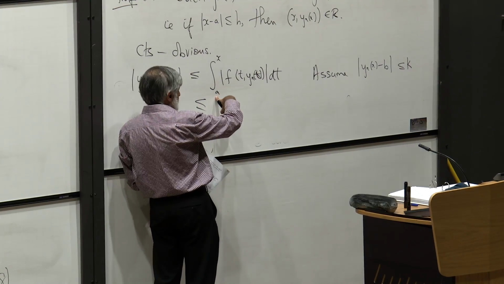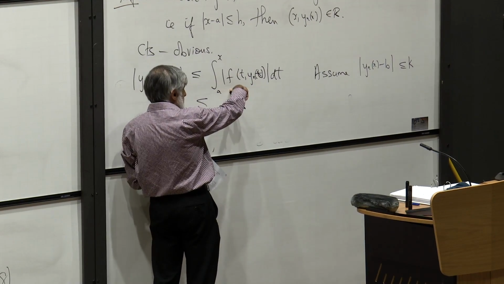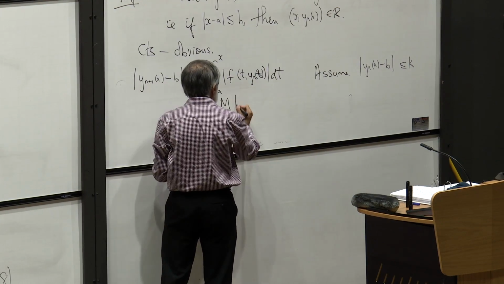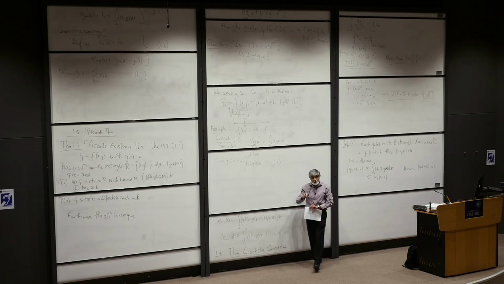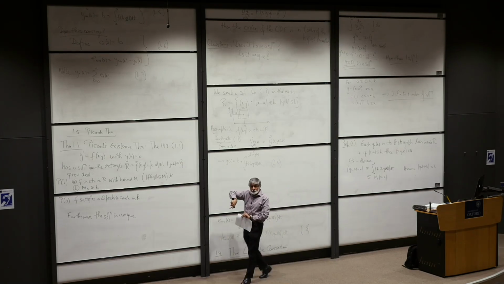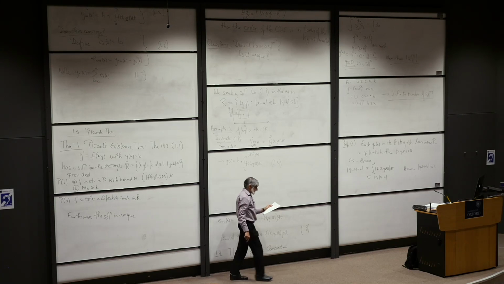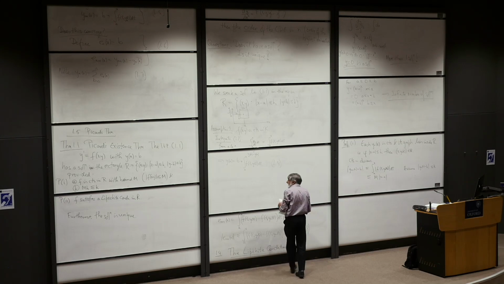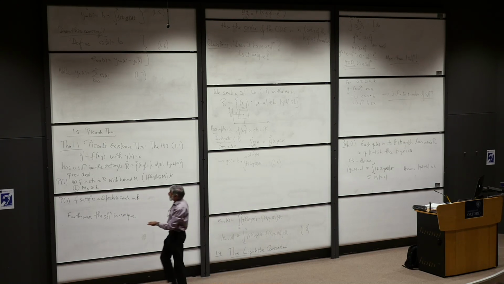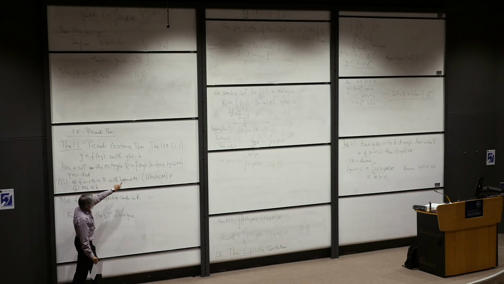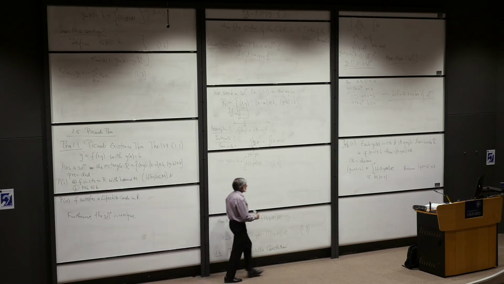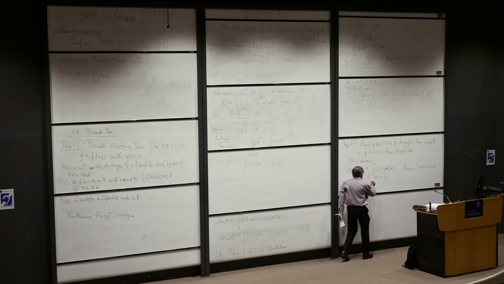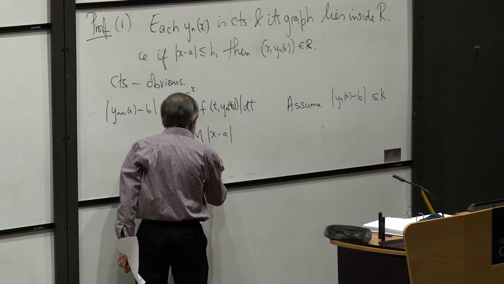So I've got the integral from a to x of m, which is just m, and I can put mod x minus a, because a might be less than x. But if we're in R, mod x minus a is less than or equal to h. So less than or equal to mh.